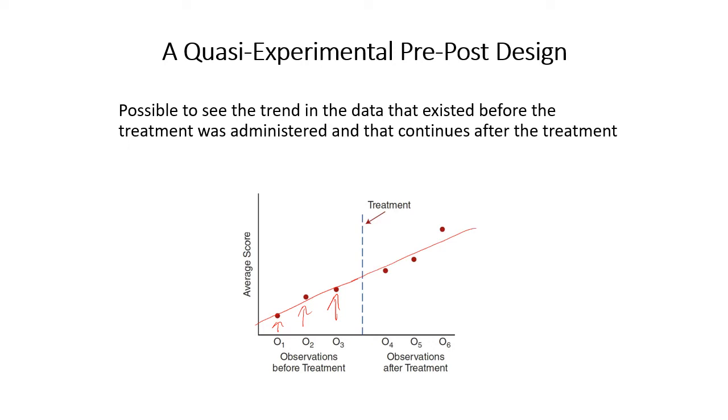Well, when you see the after treatment, you can actually see here that that's what's going on. That it continued the way it was. So what's going on here is likely not a treatment effect. What's going on here is likely that it's just general maturation, whatever was going on, because the treatment doesn't look to have had effect on the trend, on the way it was going.